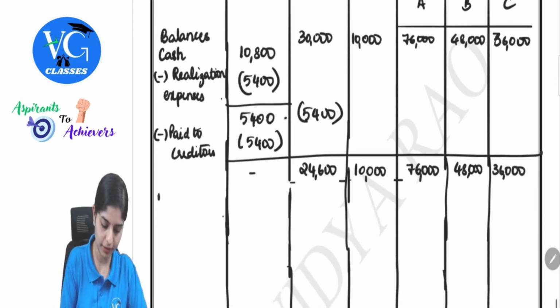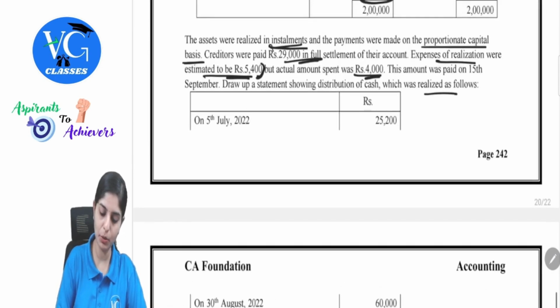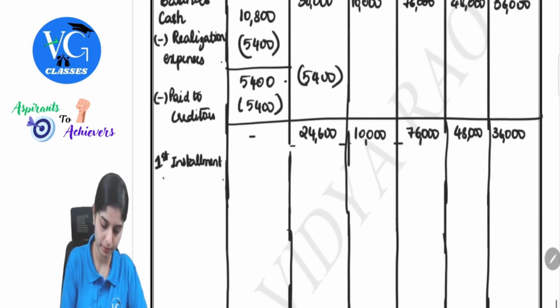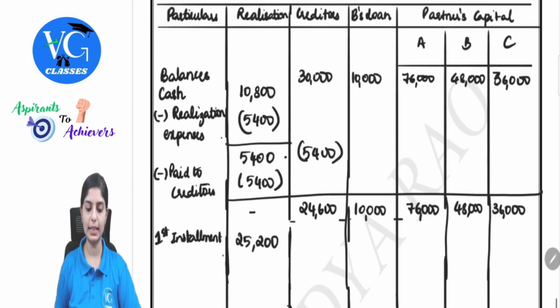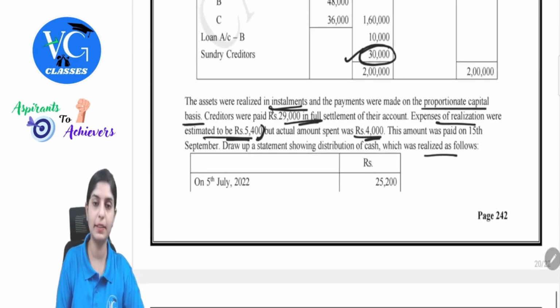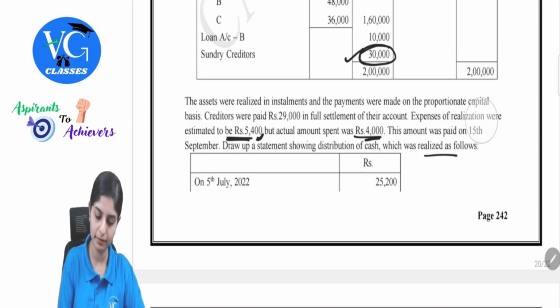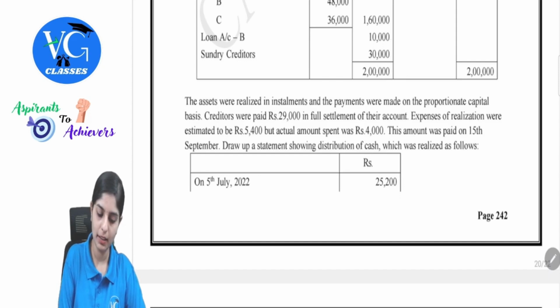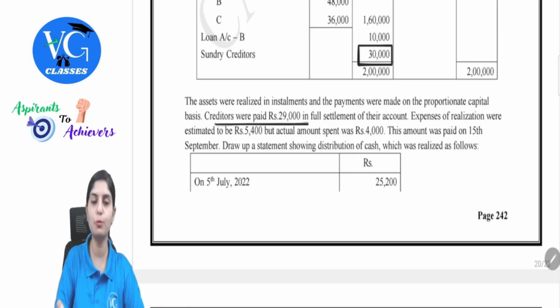So next, first installment. This first installment will be 25,200, which will be utilized towards first settling creditors. If you observe in the question, the total creditors were 30,000, but the question clearly specifies creditors were paid 29,000 in full settlement.